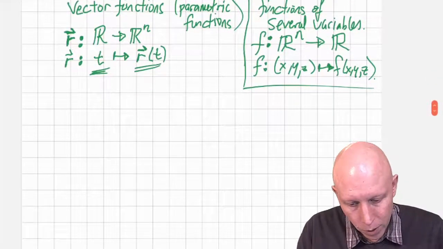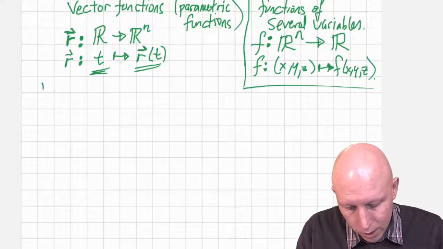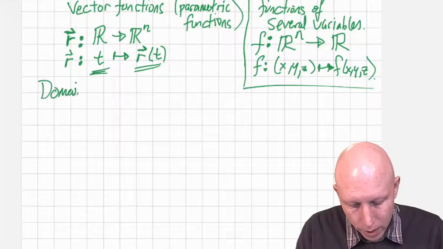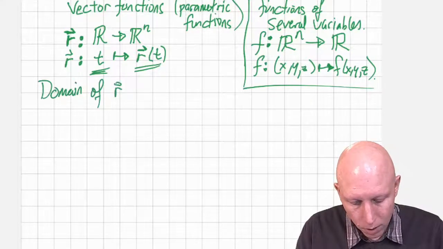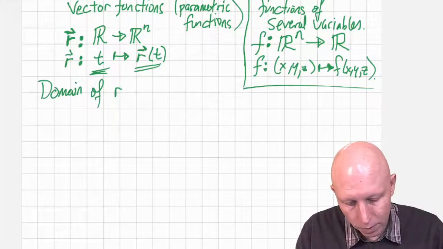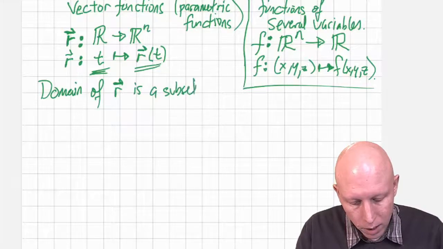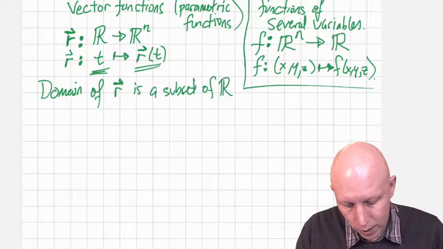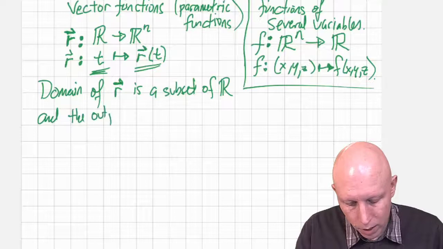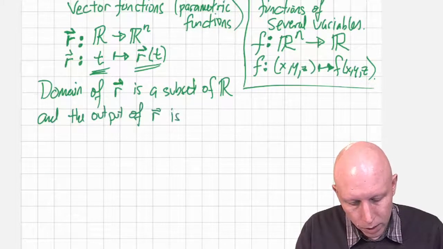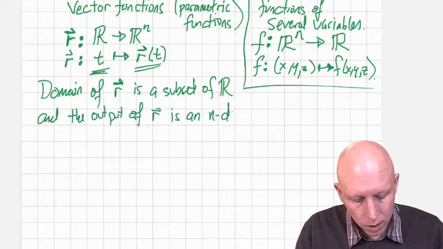So the domain of the vector function r is a subset of the reals, and the output of r is an n-dimensional vector.